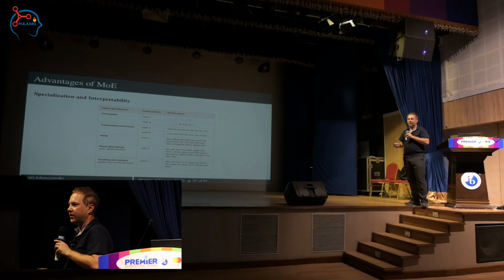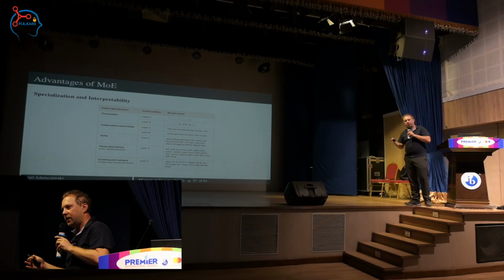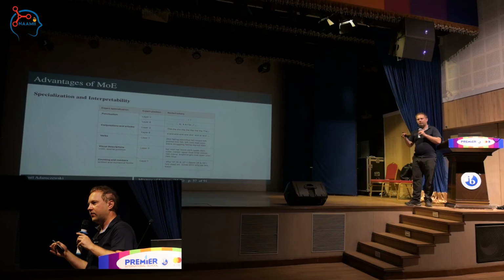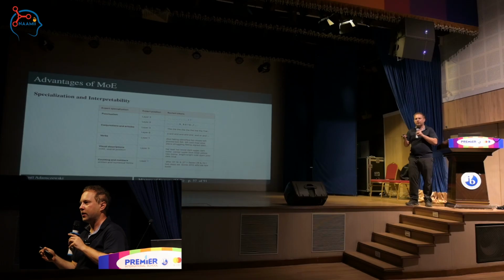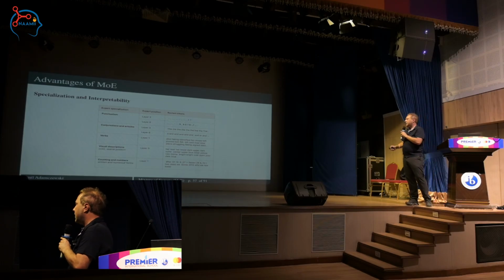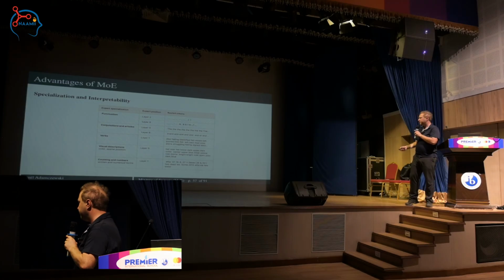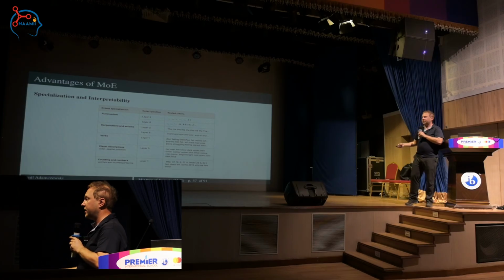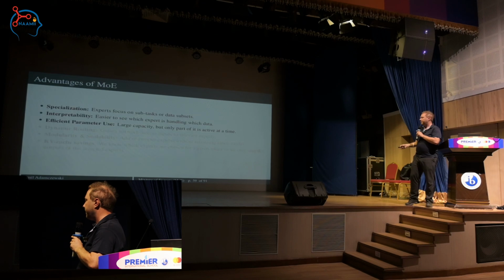So this is the advantage of the MOE, that we want the experts to specialize. We don't need the whole network if we want to just process an article. We can just take part of it. So these are the advantages of the MOE.